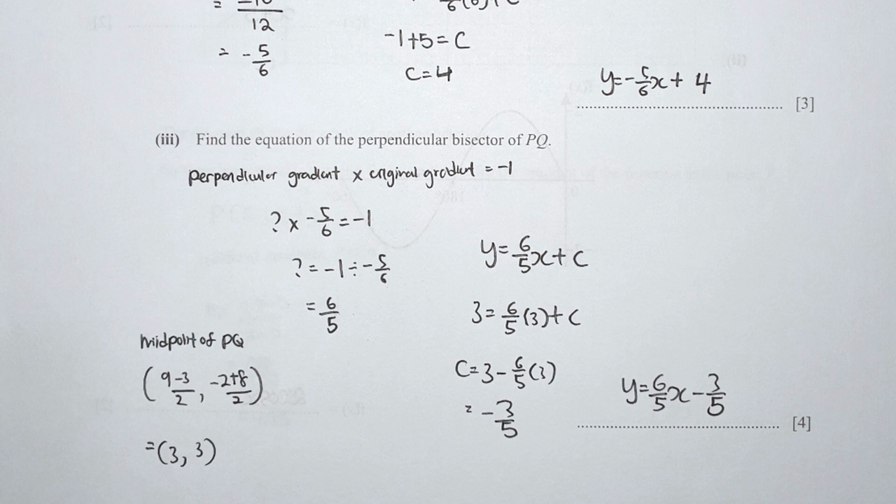You should get 6 over 5 as your final answer. So y equals 6 over 5x plus c. When you substitute your midpoint, which is 3, 3, into the respective space, you get c as negative 3 over 5. So your entire equation will be y equals 6 over 5x minus 3 over 5.